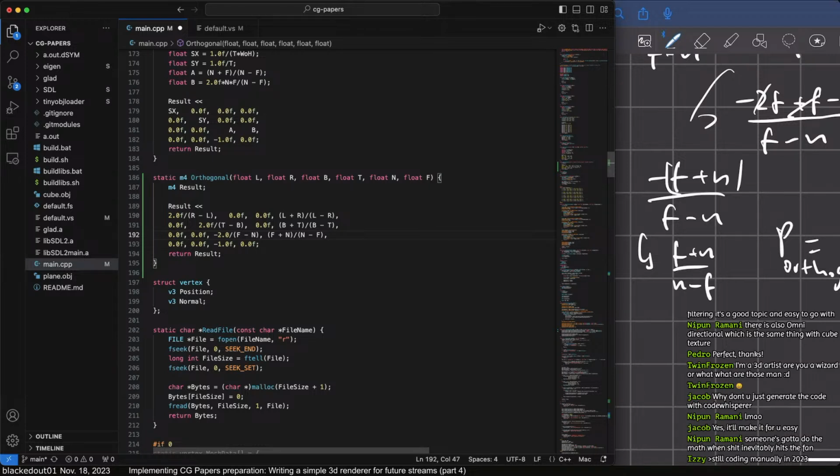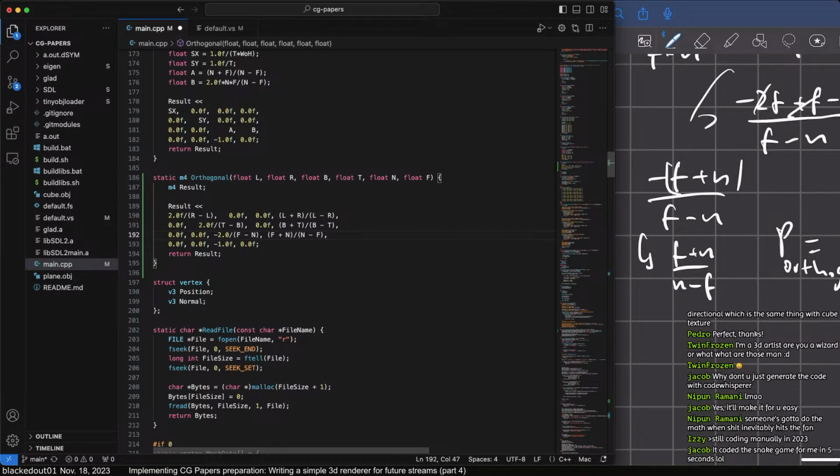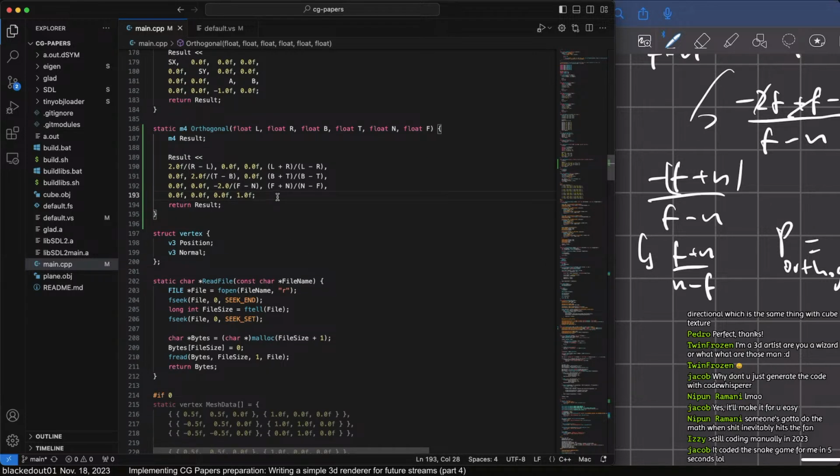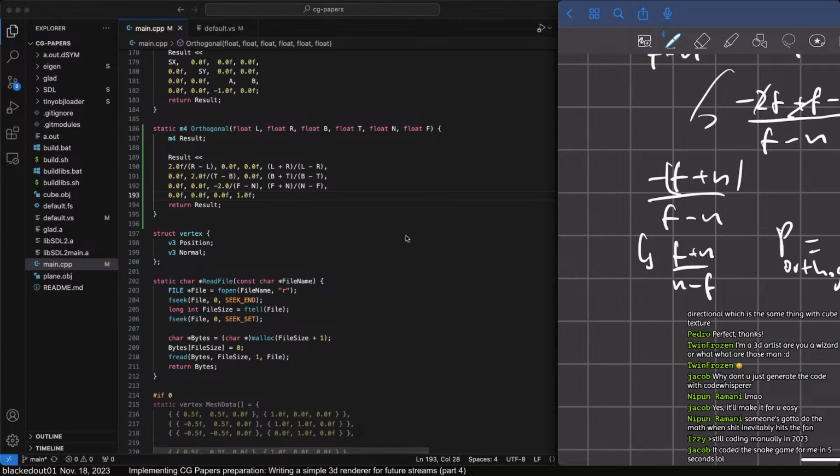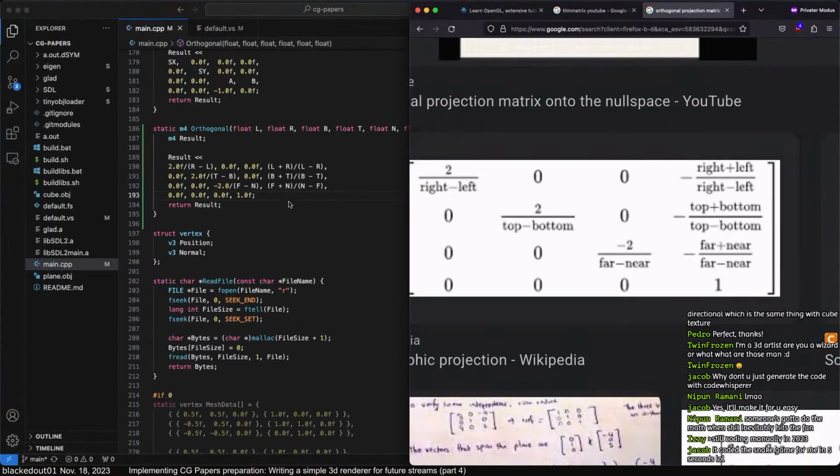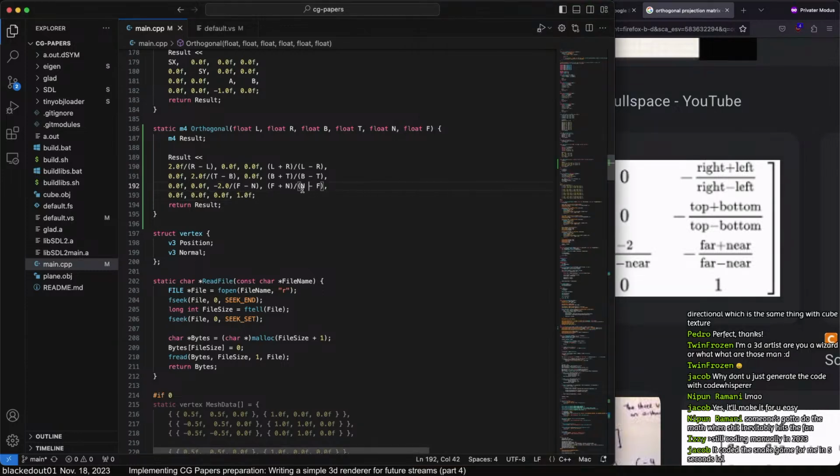Yeah, guys. This is wrong too, because we don't do perspective projection. Yeah, so that's the orthogonal matrix. It's the same as here. Just I put the minus in the bottom part.